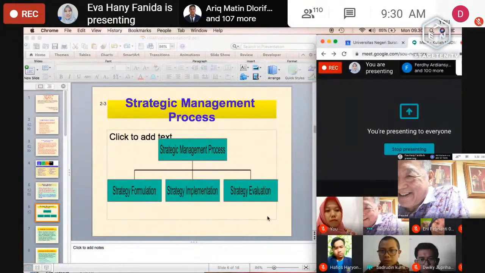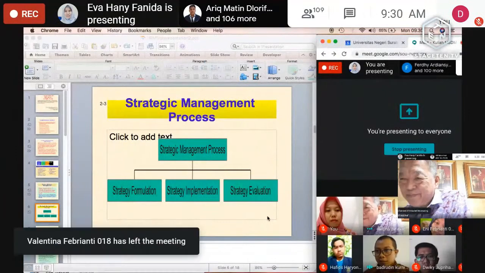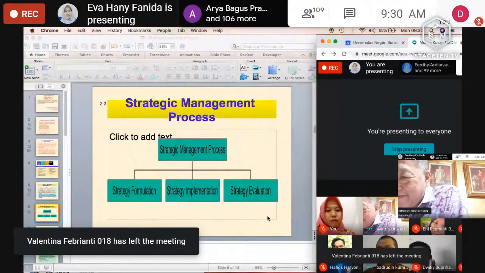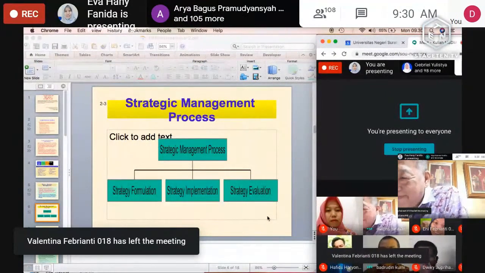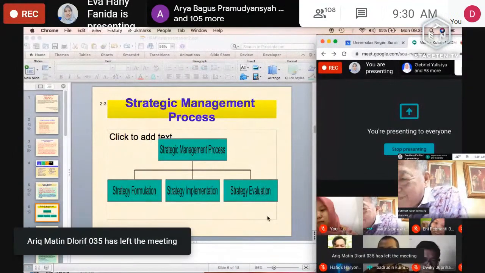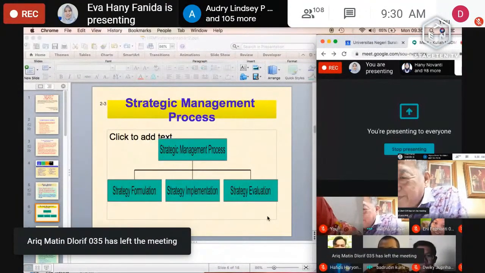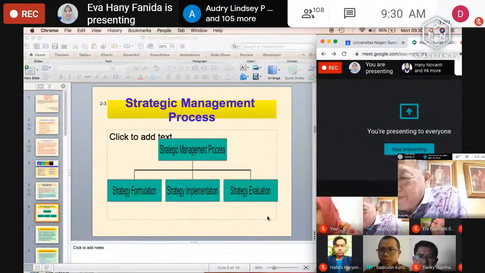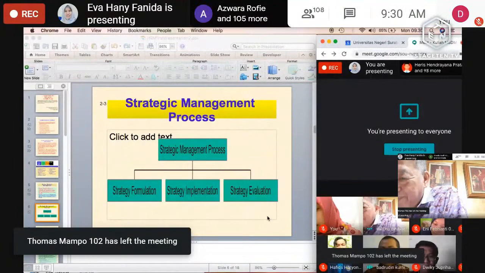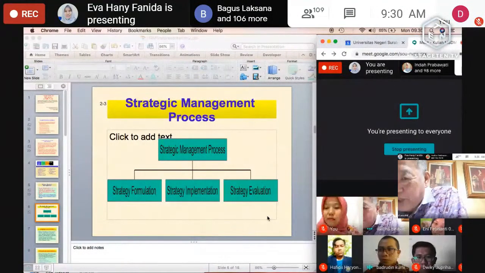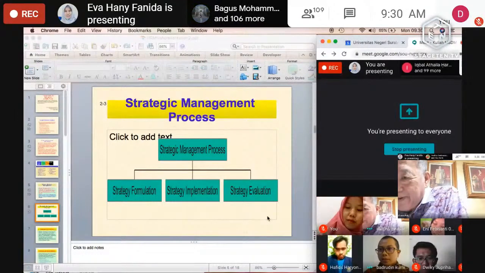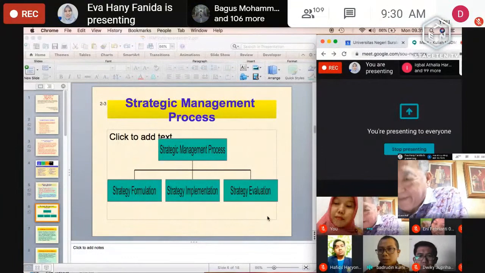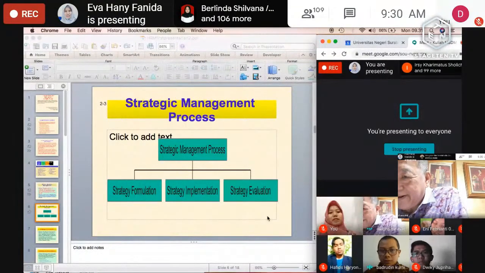Maybe I want to say the strategic management process, either strategic formulation, strategic implementation, or strategic evaluation, are tools we use to reach the organization goals.